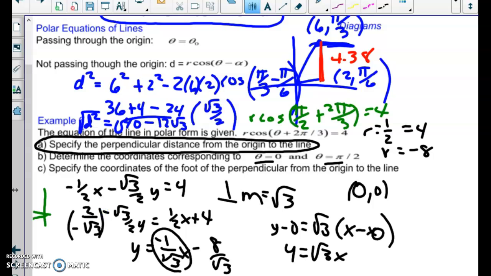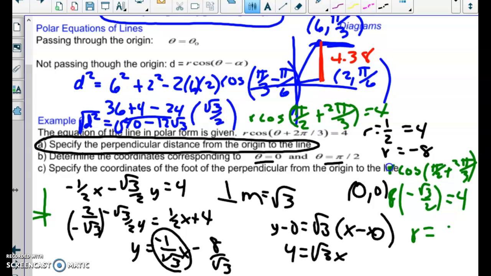And when I put it in, I got r cosine of pi over 2 plus 2 pi over 3. And that's the cosine sum formula, which I plugged in, and I'm not going to show you all of it. But I get r times the quantity of negative root 3 over 2 equals 4. And so I end up with r equals 8 divided by negative root 3. All right, so that's enough for this video.